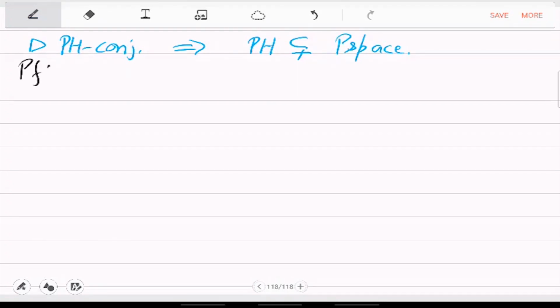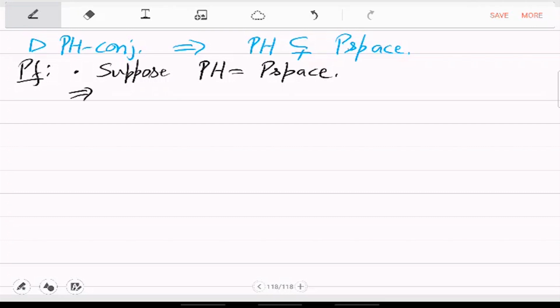You see this trivially now, because suppose PH is equal to PSPACE, then it will mean that QBF is PH complete, which would mean that the PH conjecture can't be true.